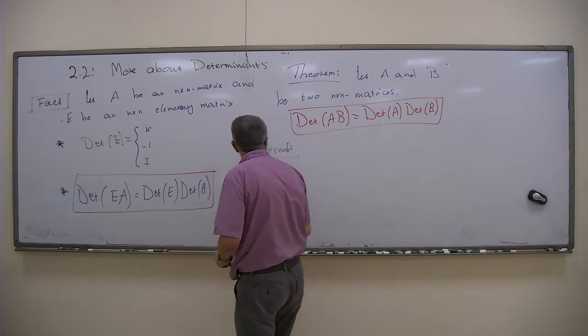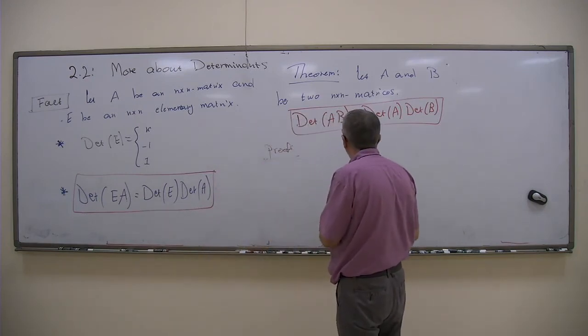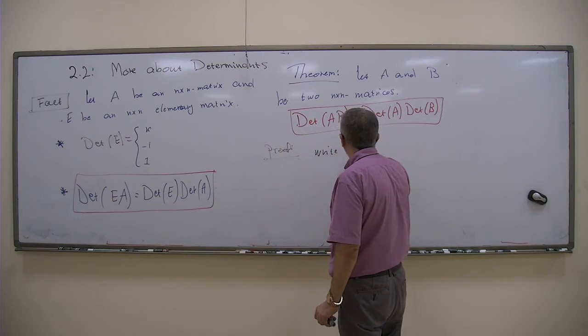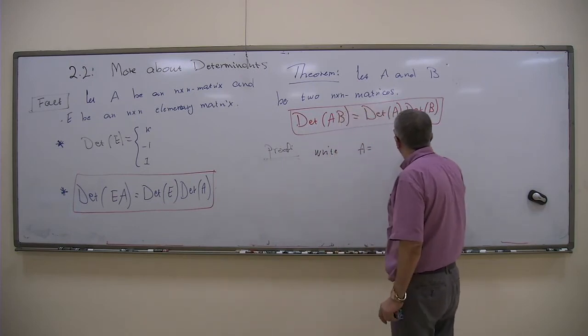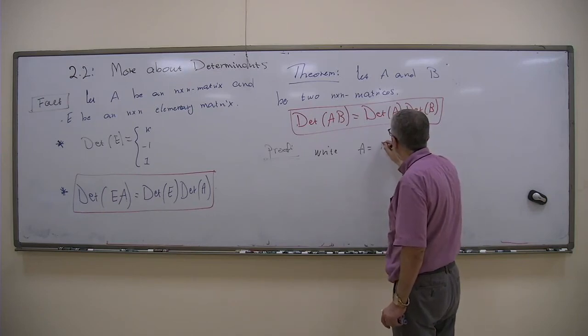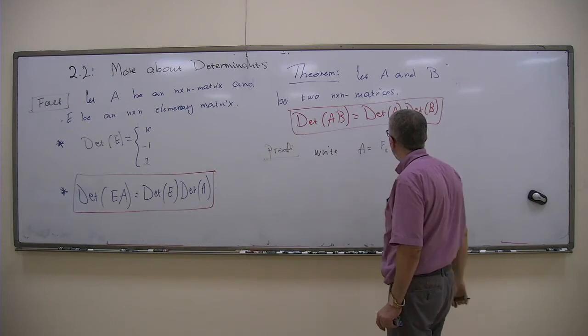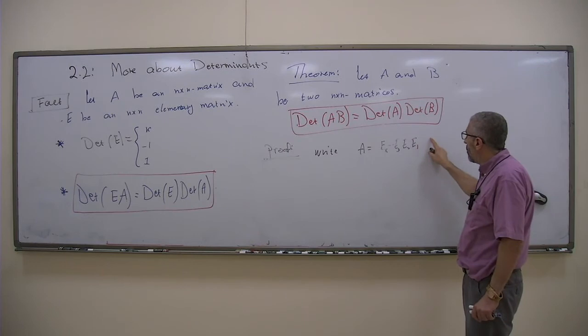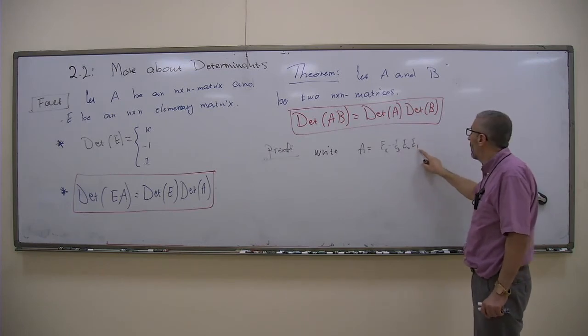So here you have the matrix B. So write A as E1, E2, E3, E, let's say k. And at the end, you are going to get a triangular matrix, correct?